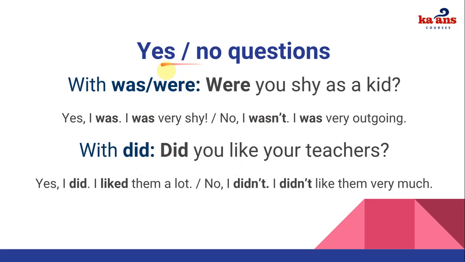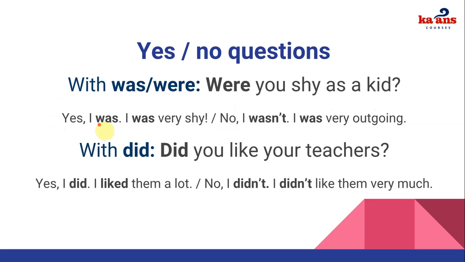So, for example, yes or no questions. Example number 1. Were you shy as a kid? ¿Eras tímido cuando eras niño? Now, this is going to give you only two possibilities, either yes or no. So, were you shy as a kid?